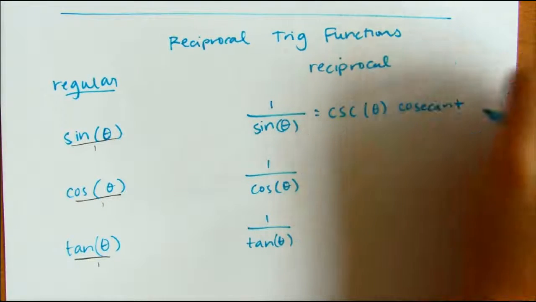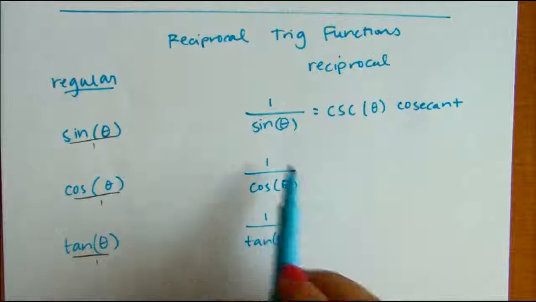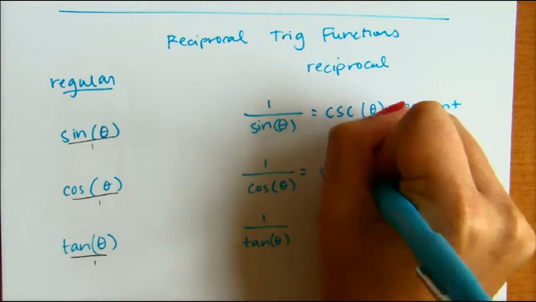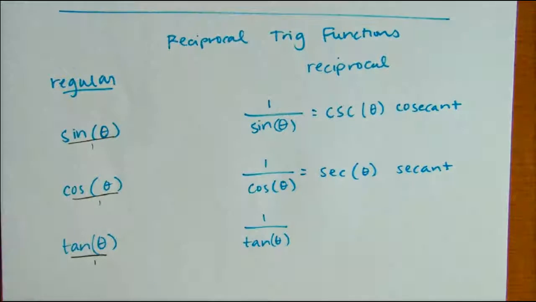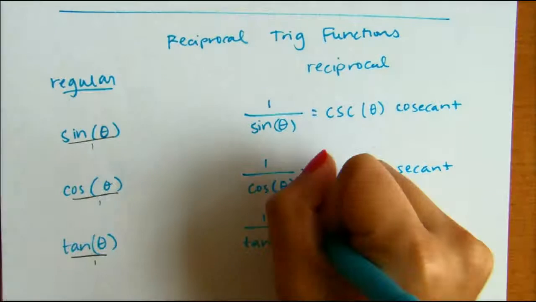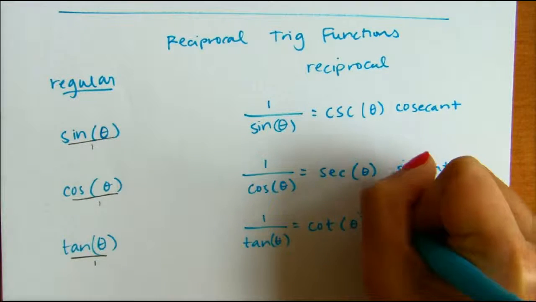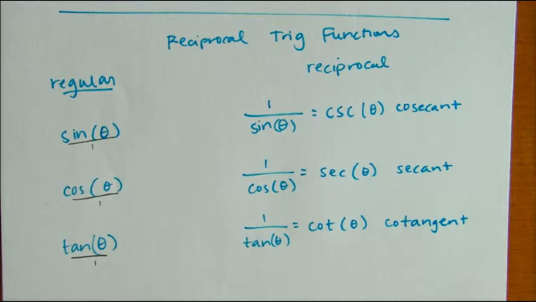Cosecant of theta. 1 over cosine of theta is equivalent to secant of theta. Secant. And 1 over tangent of theta is equivalent to cotangent of theta. Cotangent. Okay.